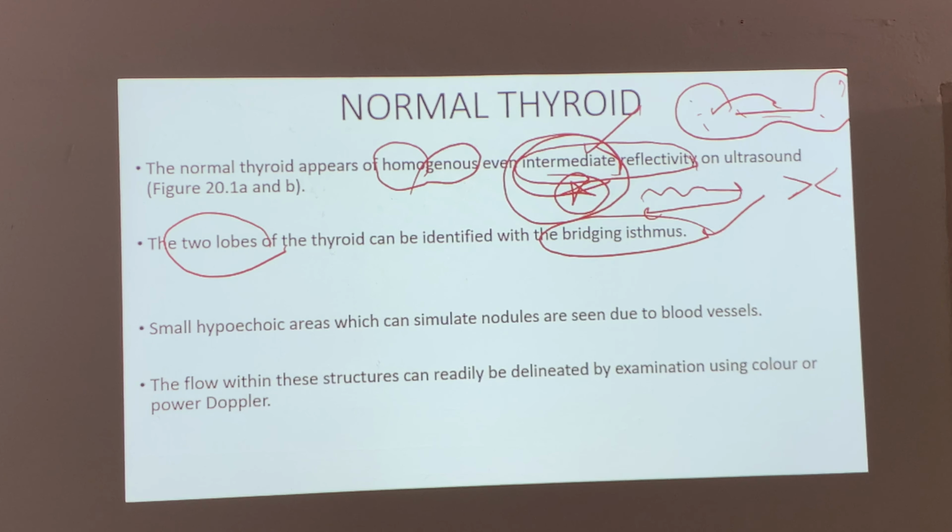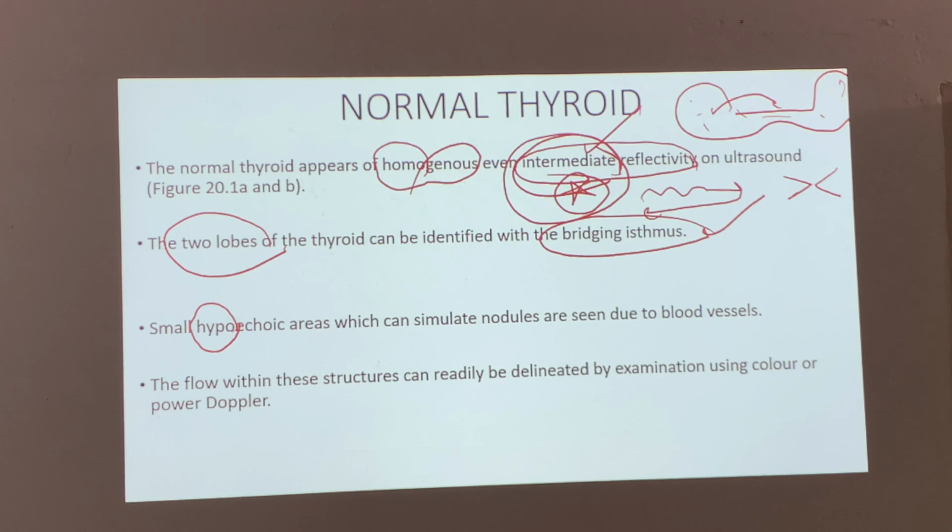Small hypoechoic areas which simulate nodules are seen due to blood vessels. So small hypoechoic areas that are present are similar to thyroid nodules. Echo is down, so in the hypoechoic area they simulate the nodules. What this author is saying is they simulate the nodules. The hypoechoic area is because of the presence of blood vessels, according to this statement.